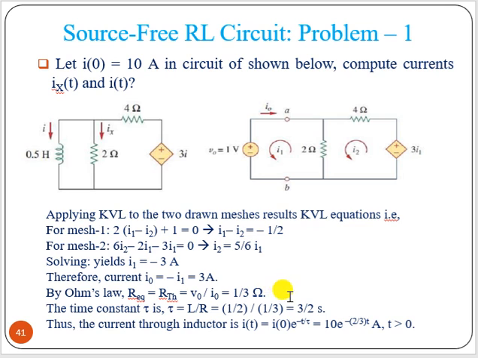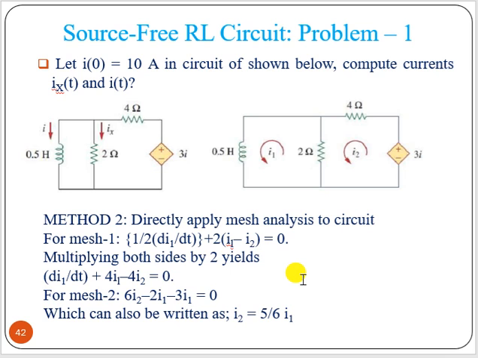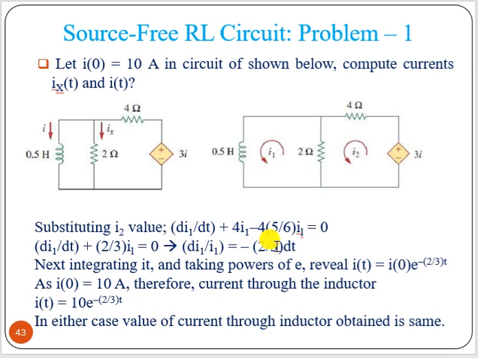Which is the same as L by R, 3 by 2. Here what we got is minus 2 by 3. So if you integrate, we will get i(t) equal to 10, that is the I0 value, e to the power minus 2 by 3 t, which we can write as e to the power minus t by 3 by 2. So in either case the value of current obtained is the same.